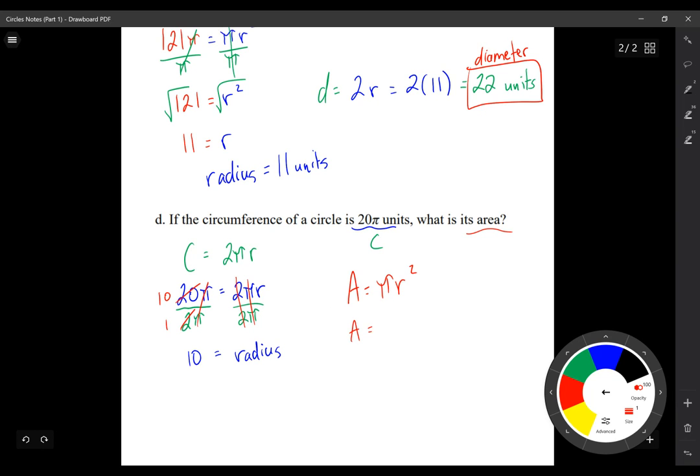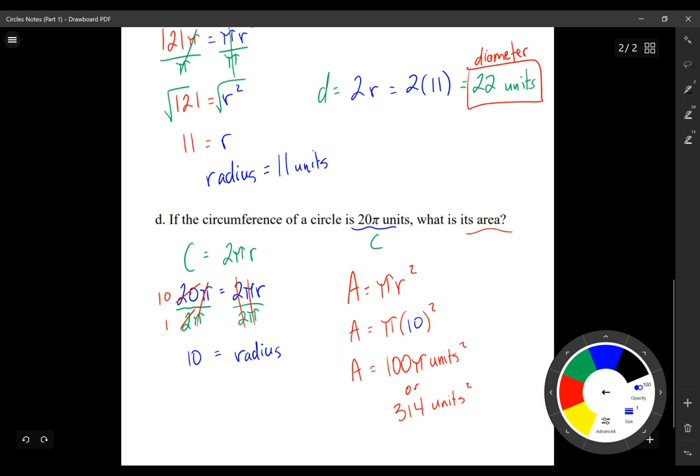So we know our area is going to be equal to pi times 10 squared, since we found our radius. So our area is going to be equal to 100 pi. Or, like in our first example, 314 units squared, since area is a two-dimensional measurement.